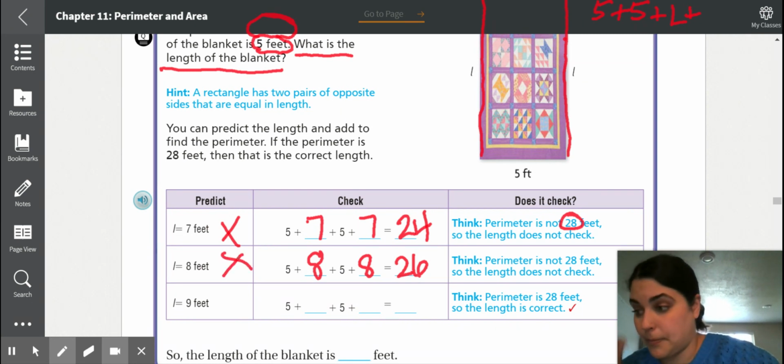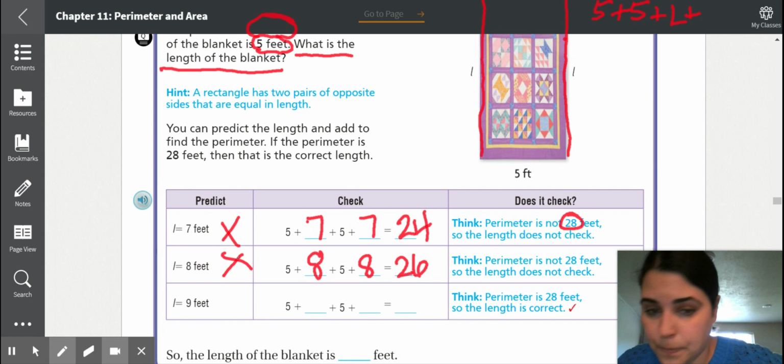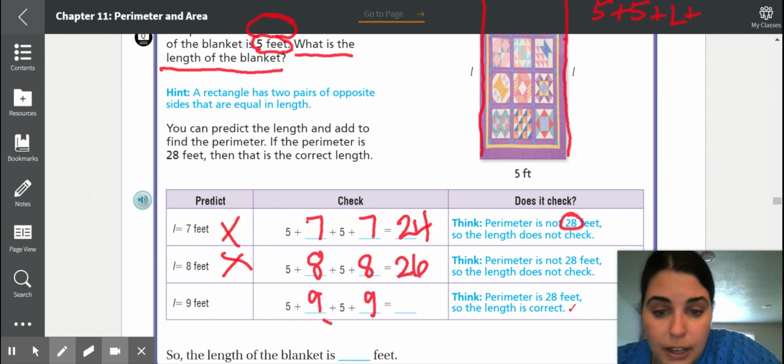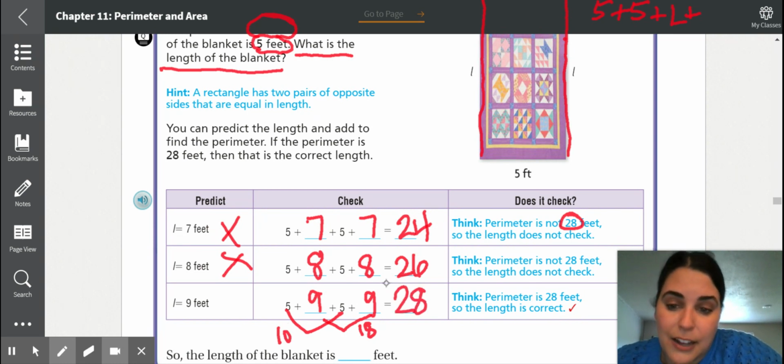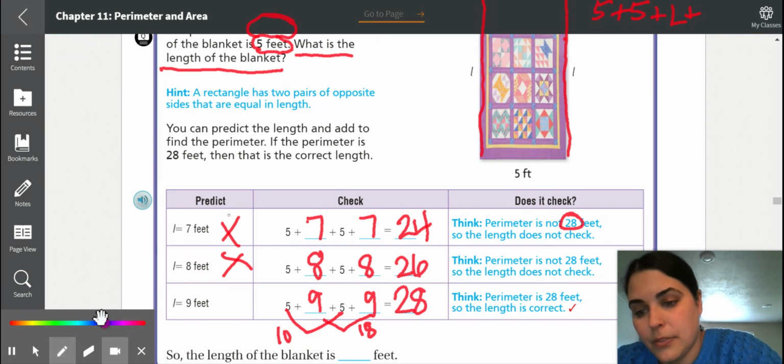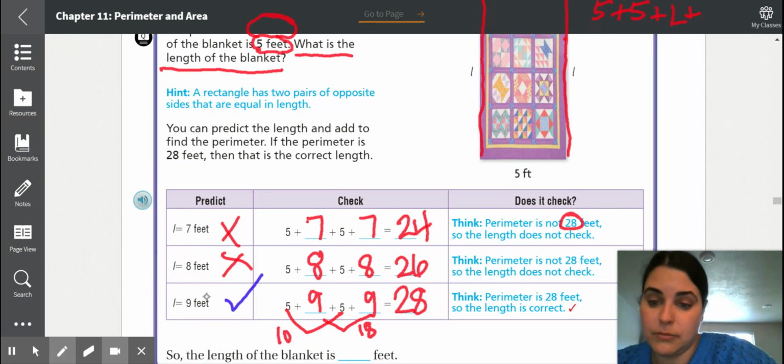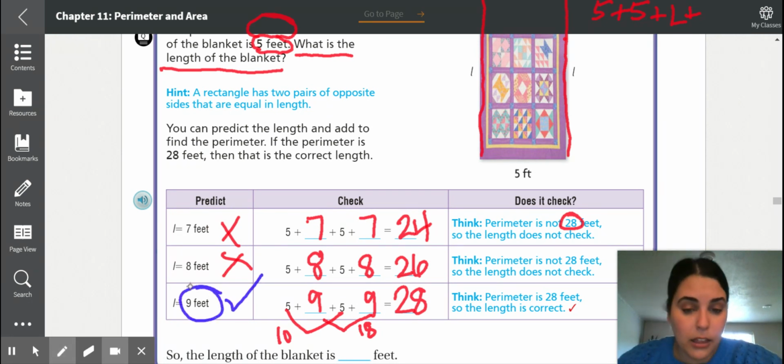So it can't be 8. So it's going to have to be 9. 5 plus 9 plus 5 plus 9. Well, we know that 9 plus 9 is 18. And 5 plus 5 is 10. And if we do 10 plus 18, that is 28. So we know that the length will have to be 9 feet.